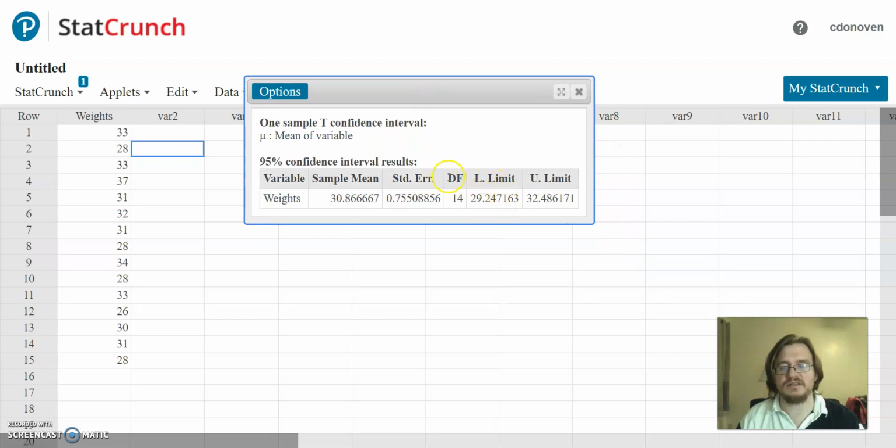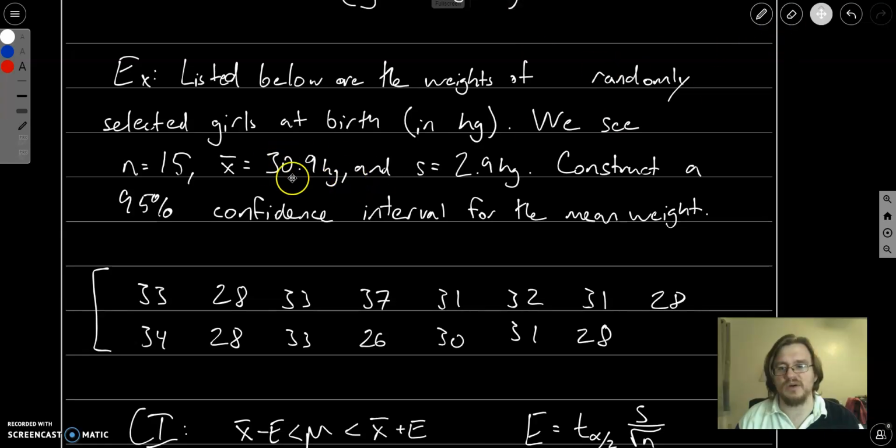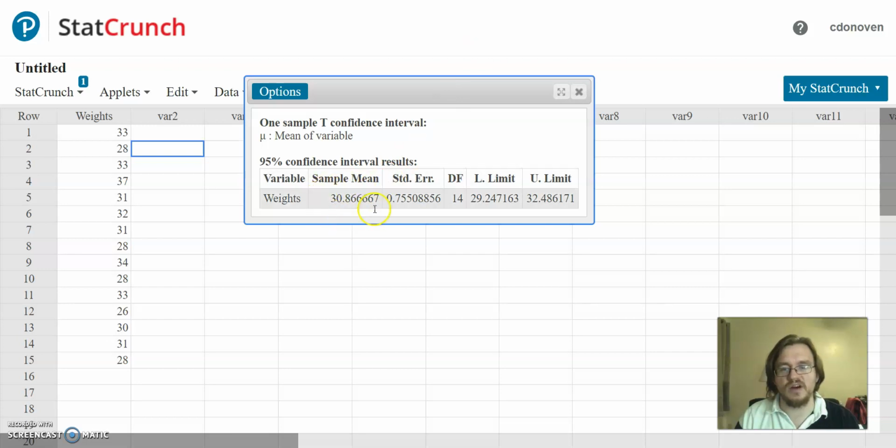So here are the values. The variable was the weights of the baby girls. Our sample mean is 30.866 repeating. If we come back to our original question, which I got directly from the book, they said that the sample mean was 30.9. So they are not rounding here, which will mean that because we're rounding, we will come up with different answers.